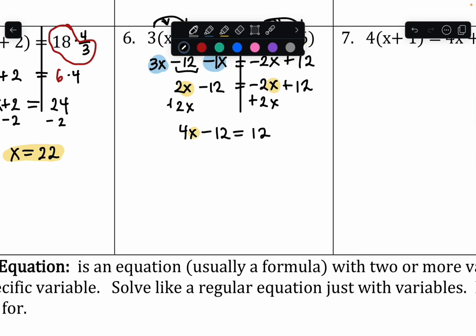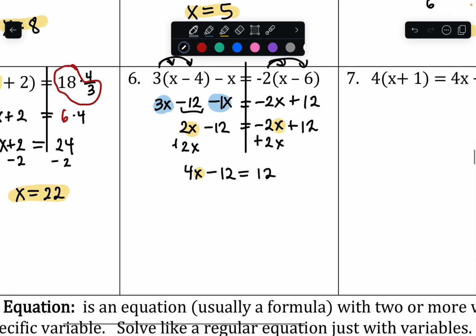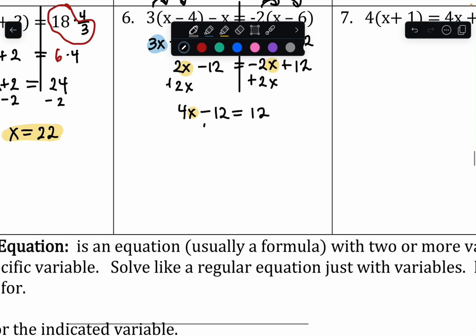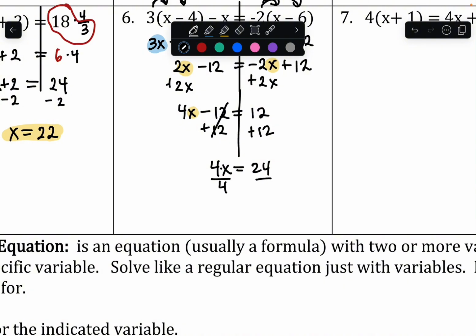We are ready to isolate him. You're not ready to isolate x until it's only one x term. So we would first add the 12, leaving me with 4x equals 24. And then lastly, divide by the 4, and we get x equals 6.